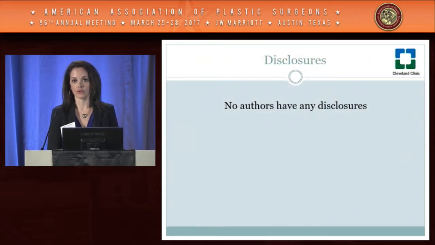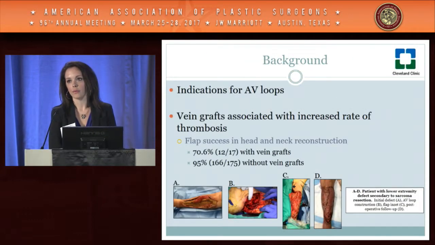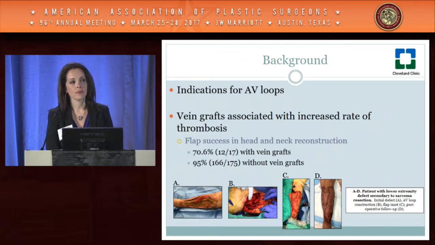We have no disclosures. AV loops can be used in free flap reconstruction when the quality, length, or caliber of the donor or recipient vessels are not optimal. They can be used to navigate out of the zone of injury, which is important to avoid vessel fragility and spasms. They also can be used in cases of lower extremity reconstruction in cases of one vessel runoff. Vein grafts have been historically utilized for similar indications.